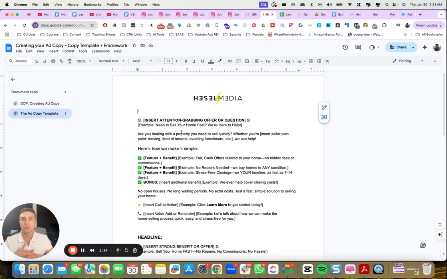We use this to create our ad copy. There are different steps to actually optimize ads. You want to 100% optimize your ad copy, your creative, and then your landing page.